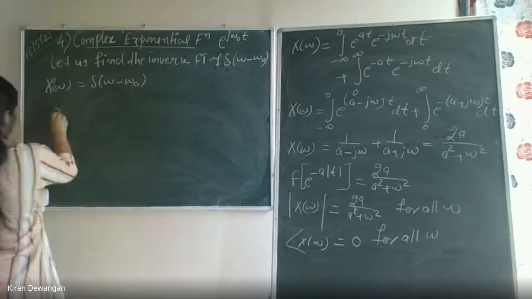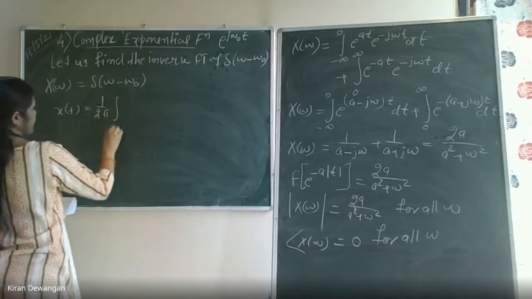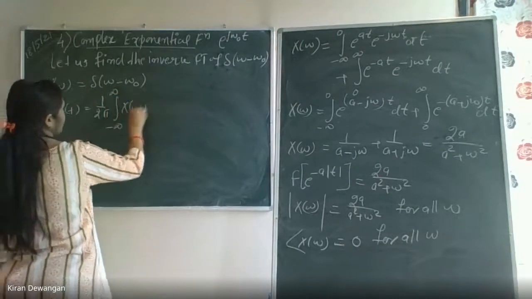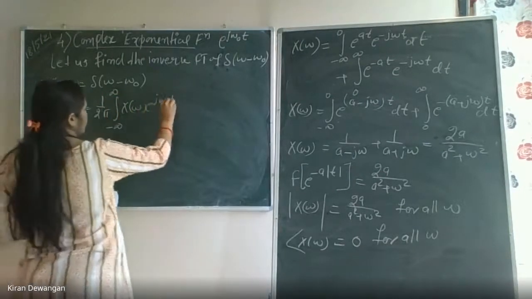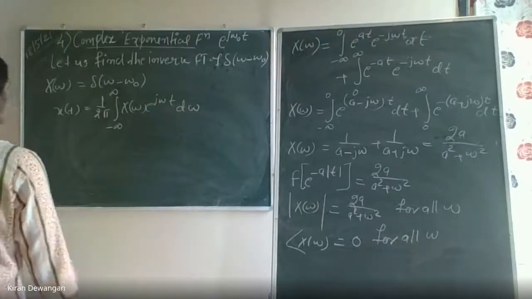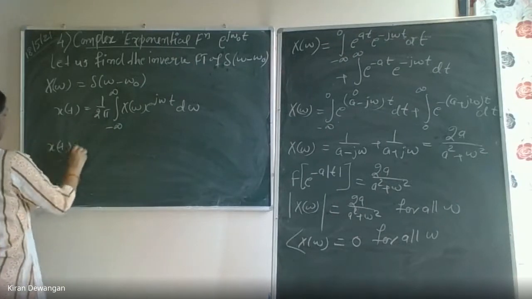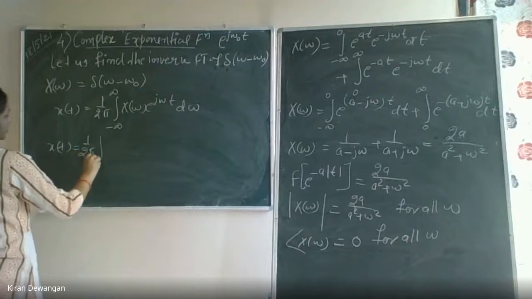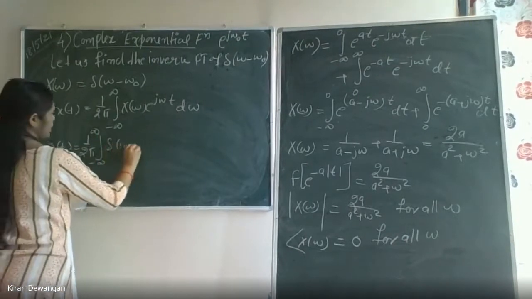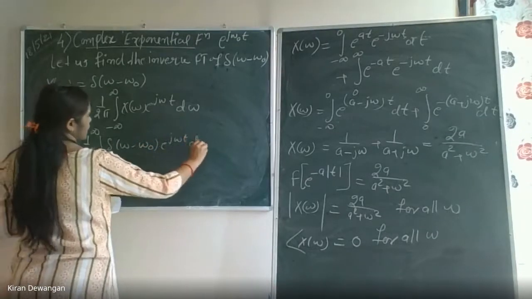Then with this we can find x of t as 1 by 2 pi integration minus infinity to infinity x of omega e to the power j omega t d omega. This was the formula to obtain x of t from x of omega. So let us just put the value of x of omega: 1 by 2 pi, minus infinity to infinity, del omega minus omega naught, e to the power j omega t, d omega.